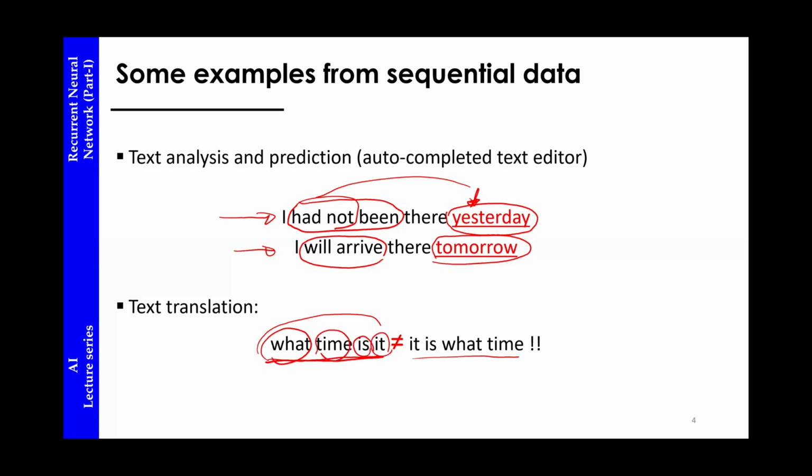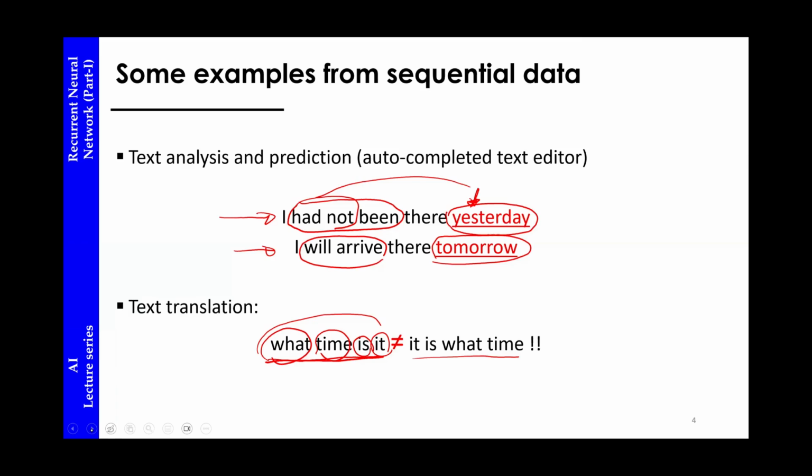If you change the order of these words, you will get different meanings out of the sentence. Again, this is another type of sequential data, and as I discussed before, different parts of the sentence depend on each other.